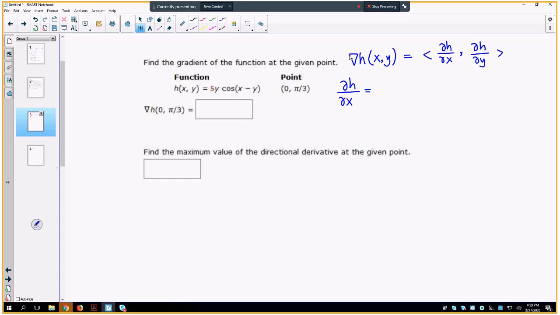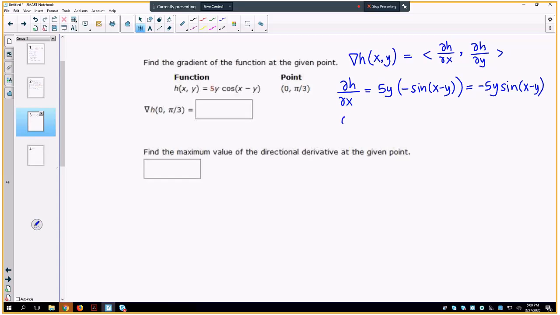When we're talking about the partial with respect to x, we're going to treat y as a constant. So 5y is a constant, which means I just write it down. What I'm really taking the derivative of is the cosine of x minus y. Derivative of cosine is minus sine of x minus y. I need to multiply by the derivative of the inside, but the derivative of the inside is just 1 with respect to x. So this is just minus 5y sine of x minus y.